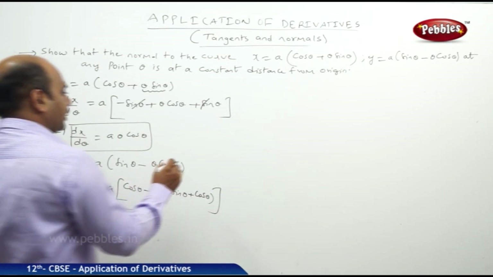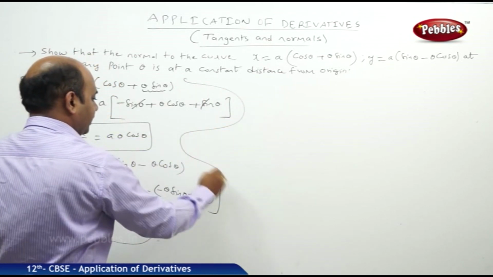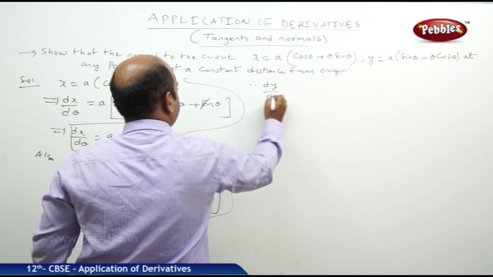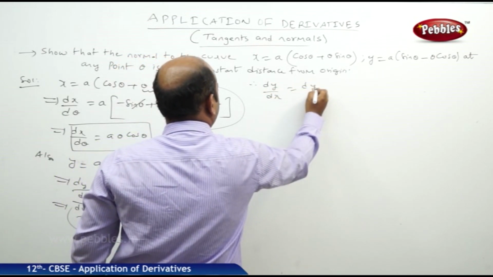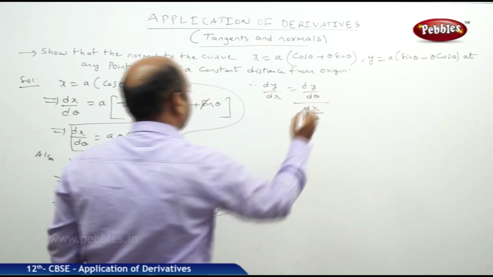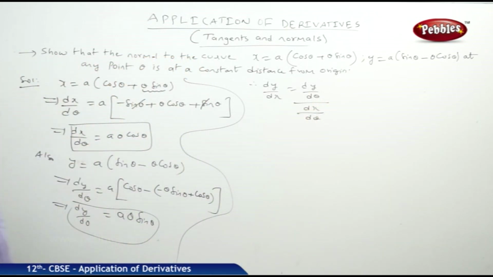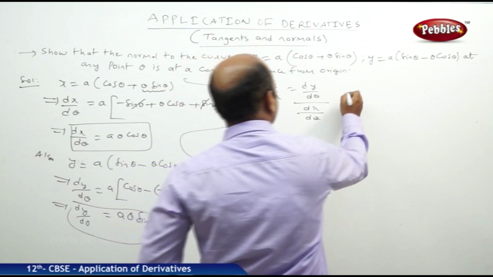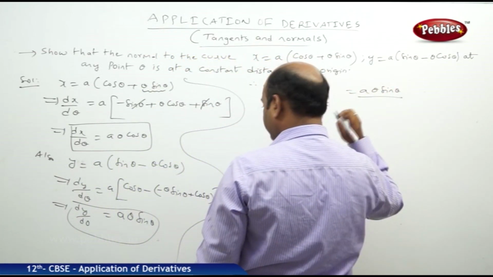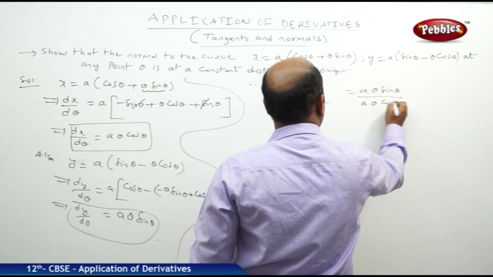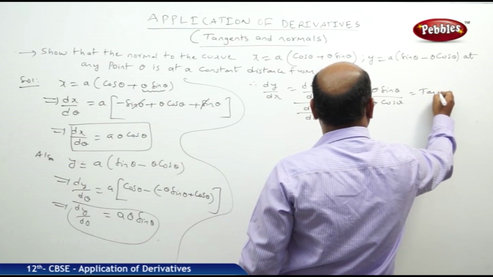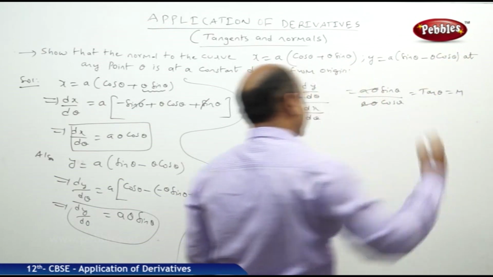Now therefore finally what happens? Therefore dy by dx is nothing but dy by d theta divided by dx by d theta. But dy by d theta I got as a theta sin theta divided by a theta cos theta. A theta gets cancelled, and this is tan theta, this is m.